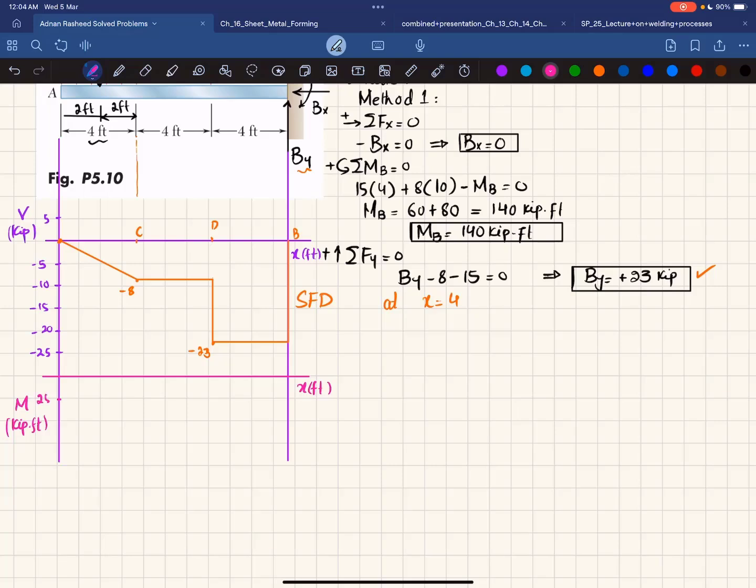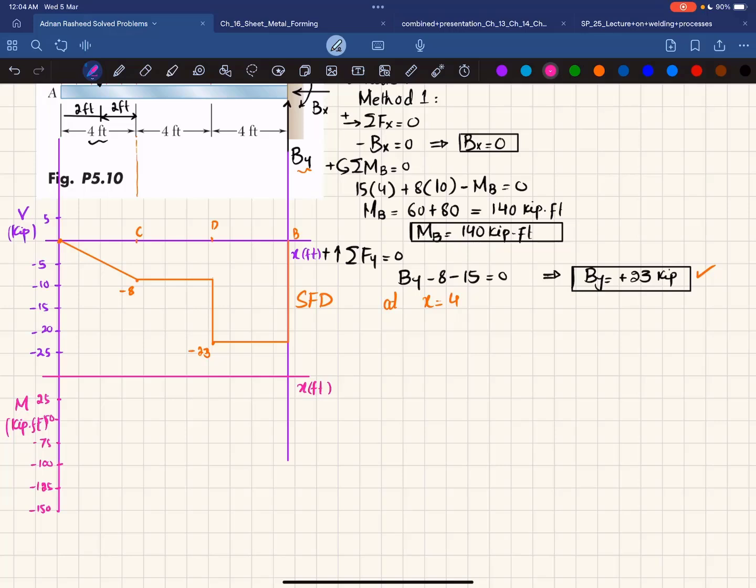So 25, it will be minus 50, minus 75, minus 100, minus 125, sorry, and minus 150. You can take as per your own requirement as well.